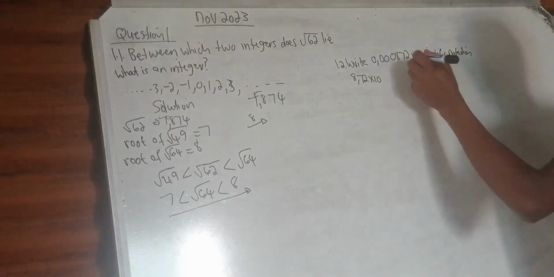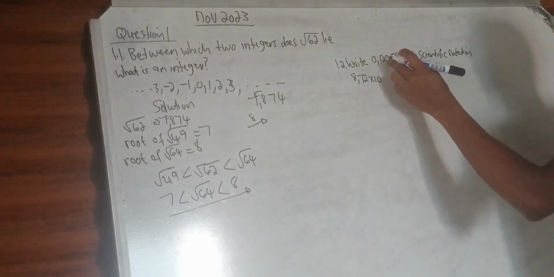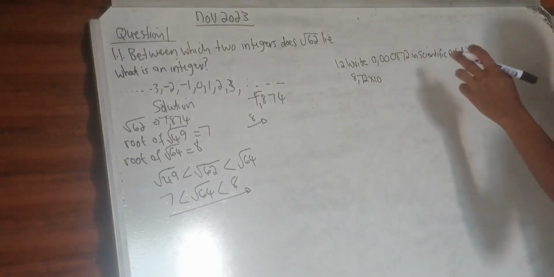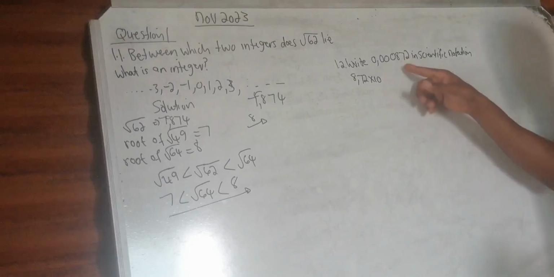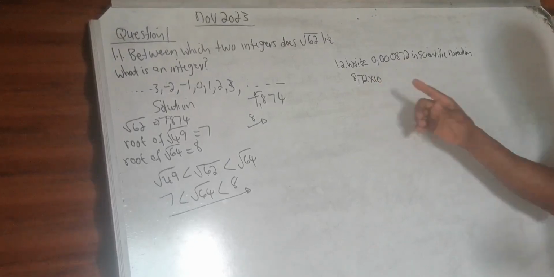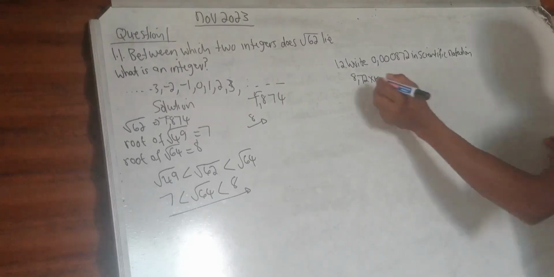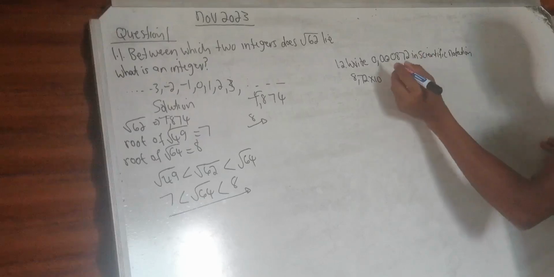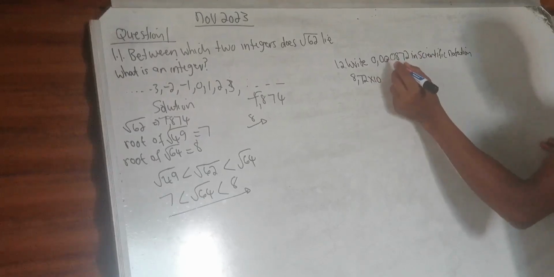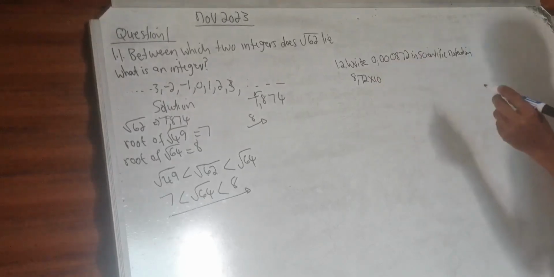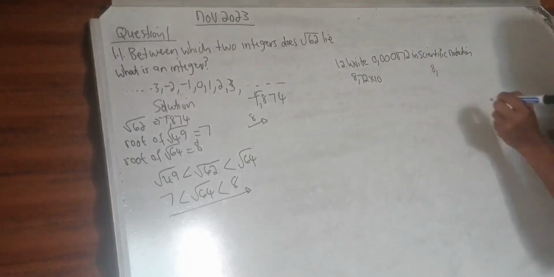0,000872. We say 8,72 times 10. Counting how many numbers are left after the comma, there are 1 2 3 4 5 6, because we say 8 comma.